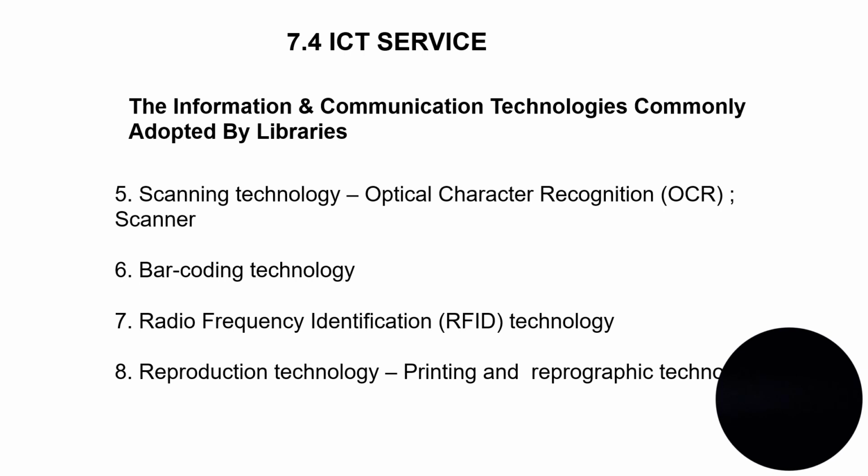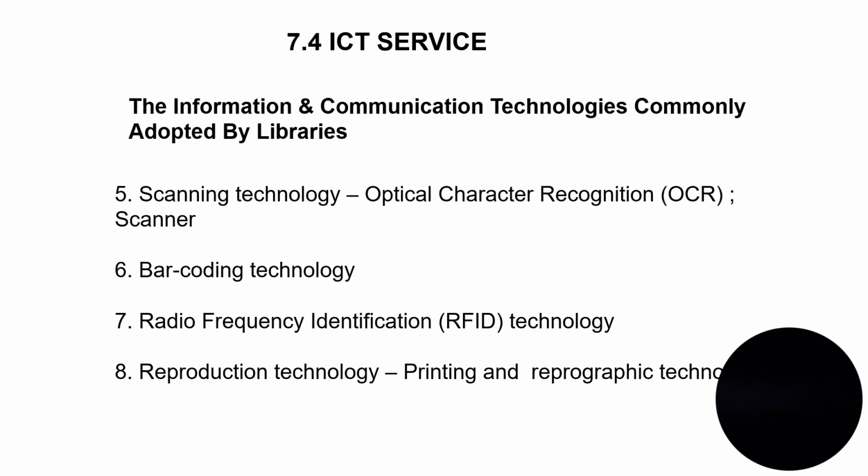Okay, libraries are also adopting scanning technology, OCR scanner for circulation purposes, and barcoding technology also for circulation services, and RFID technology. RFID technology, you can see at the library for circulation purposes.